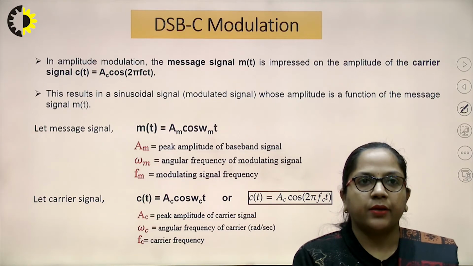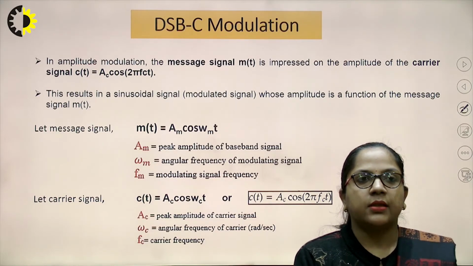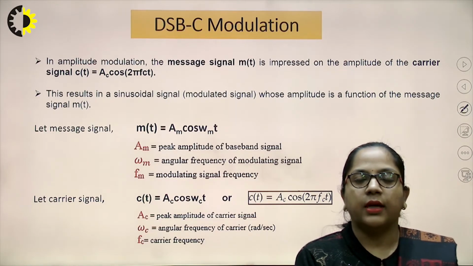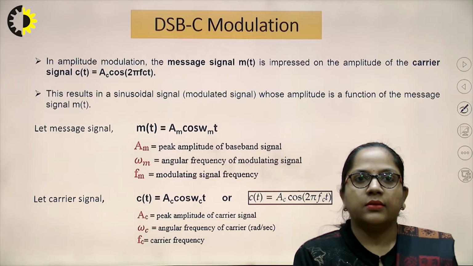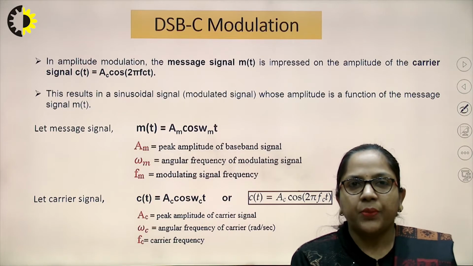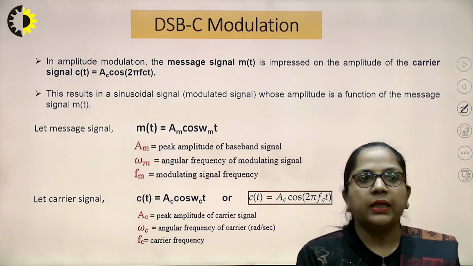In double sideband full carrier modulation, the amplitude of the message signal is required to be impressed on the amplitude of the carrier signal.